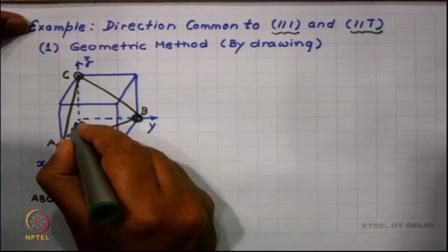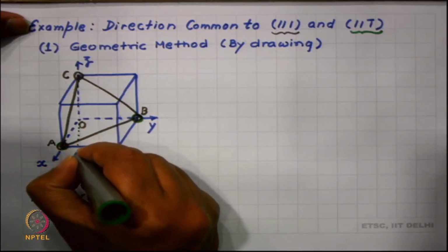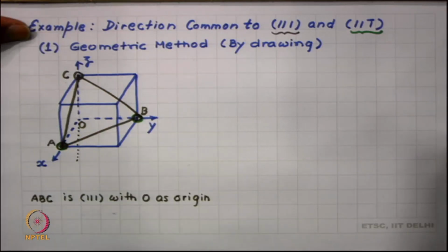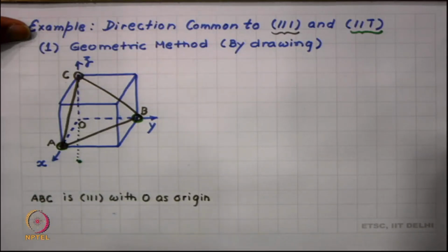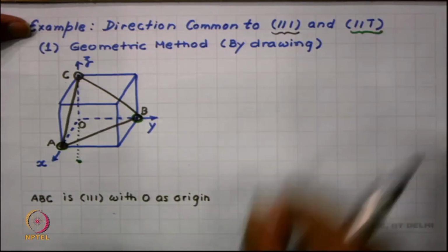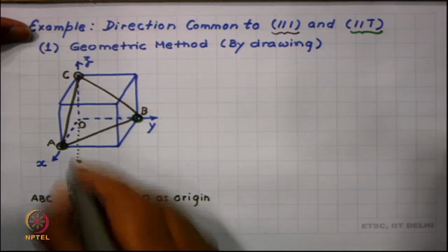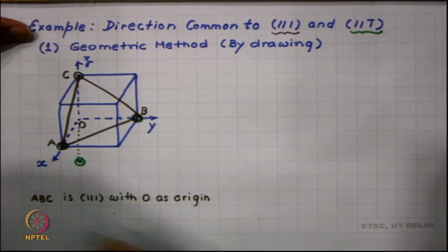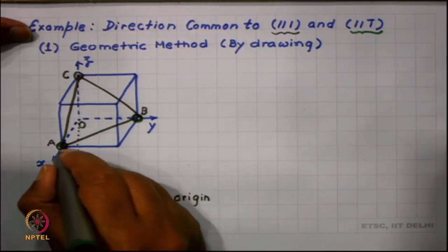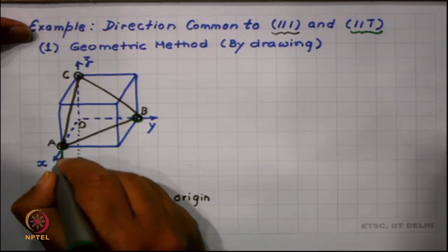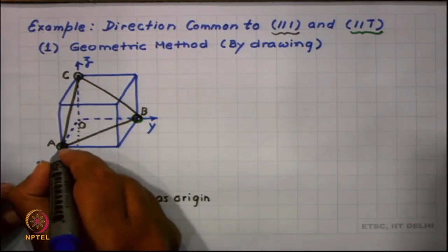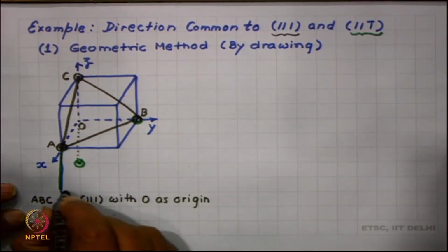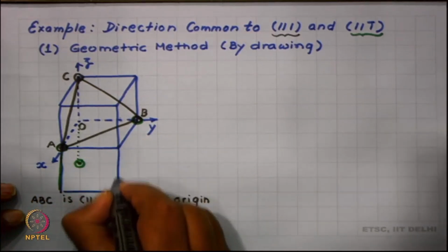So, I really have to go in the negative direction of the z axis to find the intercept of this new plane on the z axis. So, the third point is here. So, for reference, let me draw a unit cell lying below this unit cell. Let me draw it in blue only. So, I have a unit cell now.